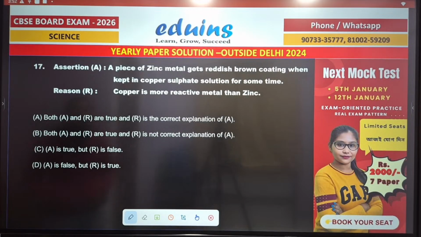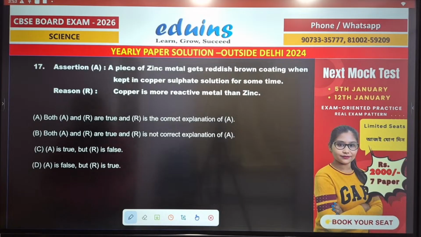Option A, both assertion and reason are true and R is the correct explanation of A. Option B states both A and R are true and R is not the correct explanation of A. Option C, A is true but R is false. And the last option D, A is false but R is true. So what will be the correct answer?